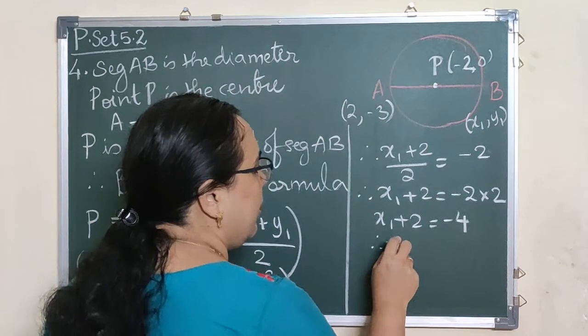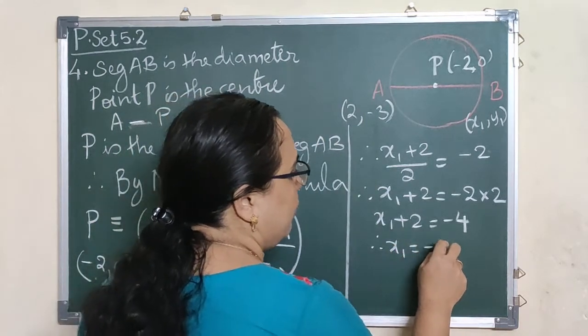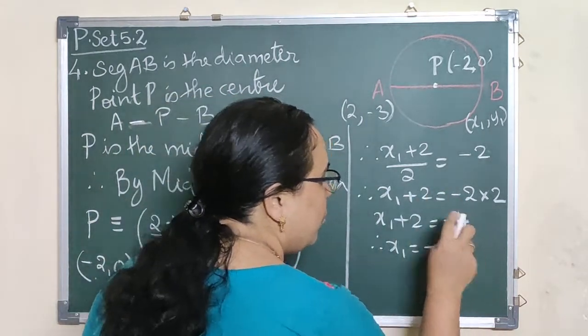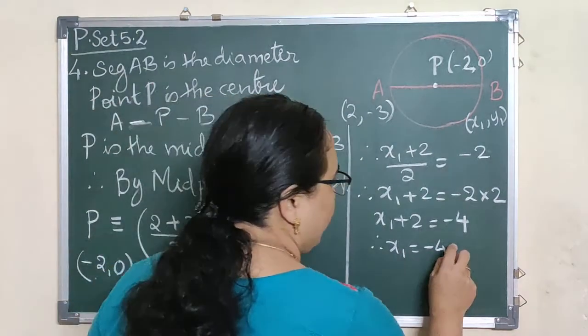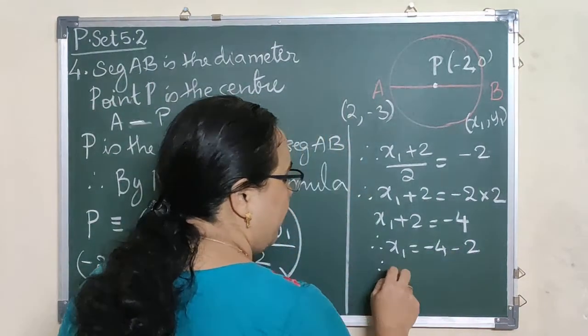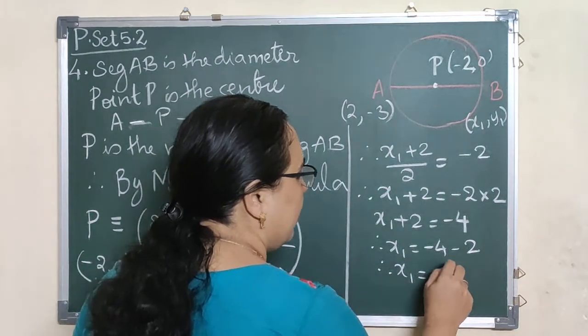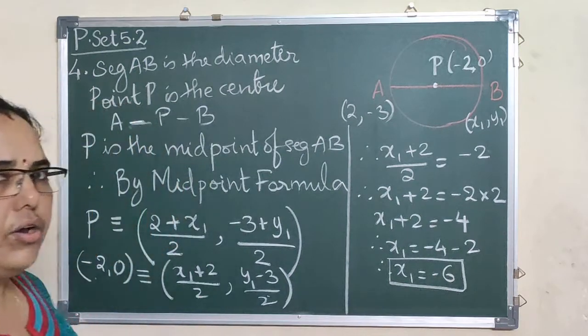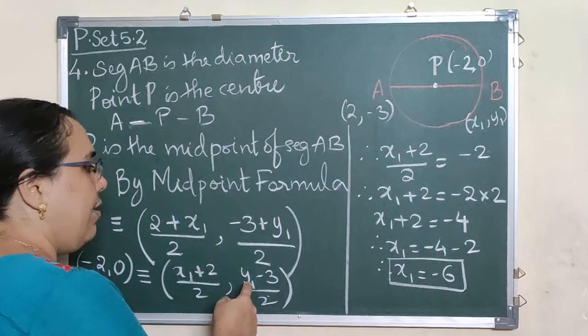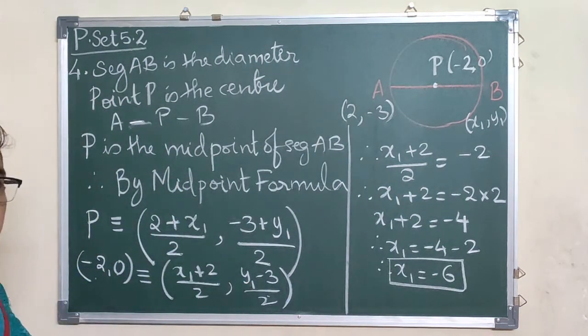Therefore x1 equals -4, and when plus 2 goes to the other side, it becomes -2. So x1 is -6. Got it? Now same way we will solve for y1.